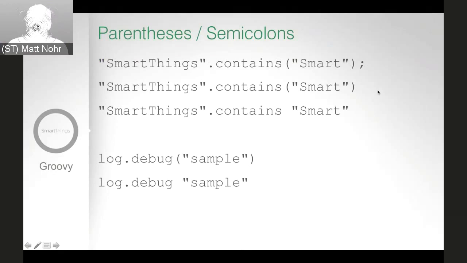And oftentimes we'll also just drop parentheses for methods. The big case you'll see in smart apps is, instead of doing log.debug with parentheses around whatever message you want, we'll just leave the parentheses off and just do log.debug. Kind of weird for people who aren't used to Groovy, but you get used to it pretty fast, and it makes it pretty powerful.